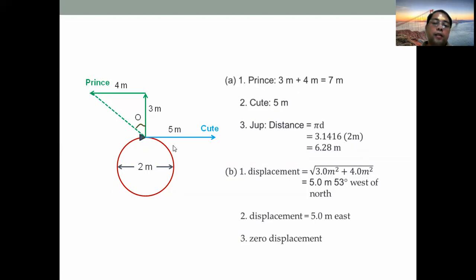This red circle. Multiplying, we get the circumference of 6.28 meters. So that's the distance traveled by the third dog, Jupe. But his displacement is 0. This is the third and last example that we have, probably last meeting. So I do hope you understand that.